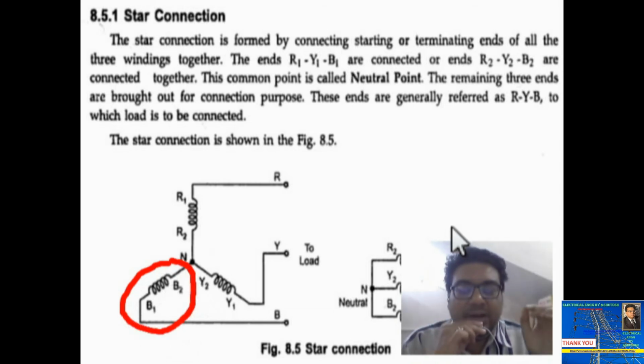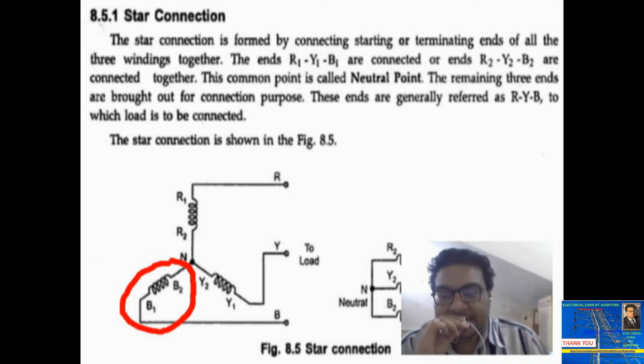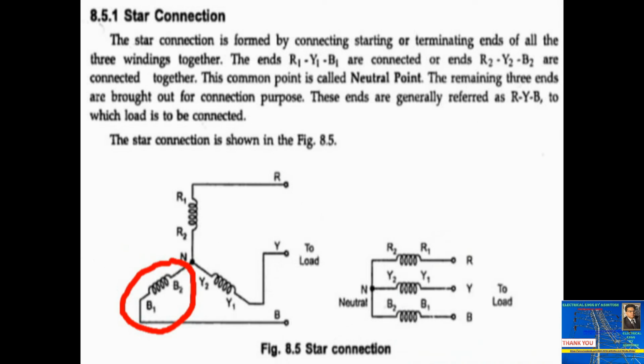So guys, these coils or windings are mechanically placed at 120 degrees phase displacement from each other. And the common point will be here, the common point R2, Y2, B2, where all the second terminals of these windings meet.